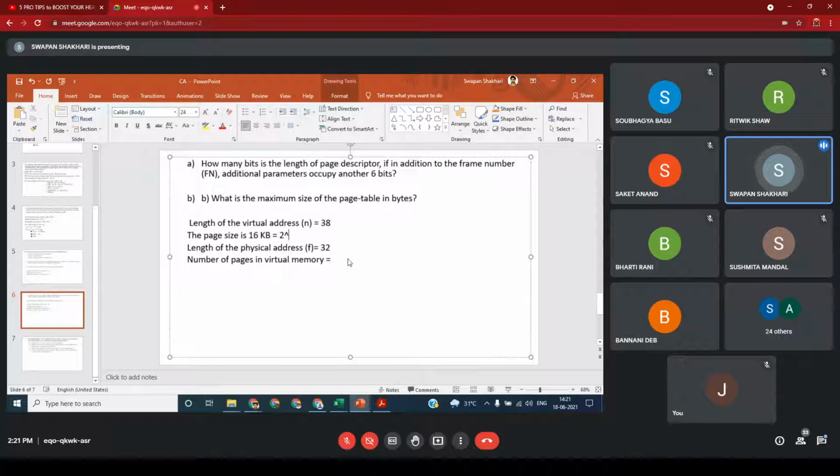So 2 to the power 4 is 16, and from KB to bit, 2 to the power 10. So total 2 to the power 14. Okay.